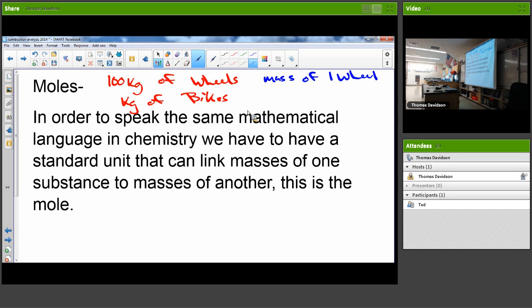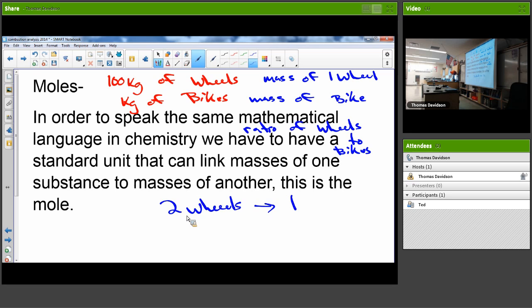You have to know the mass of a bike, right? And you need to know one other thing, and that's the ratio of wheels to bikes. What is the ratio of wheels to bikes? 2 wheels to every 1 bike.